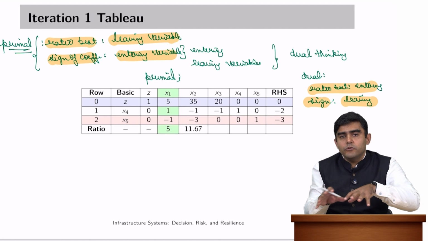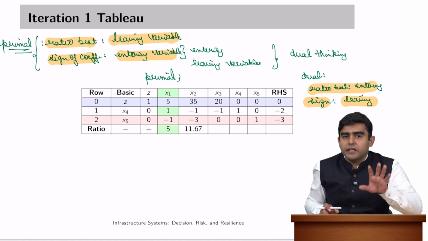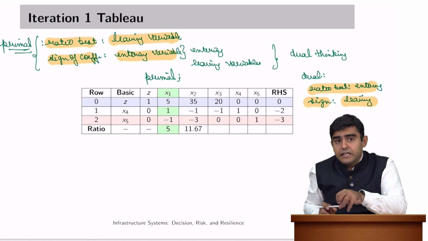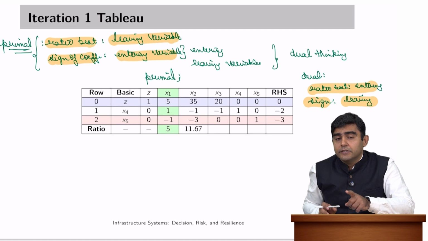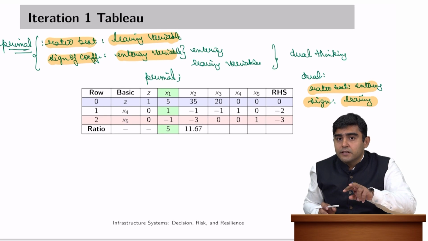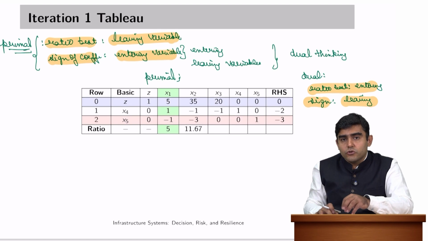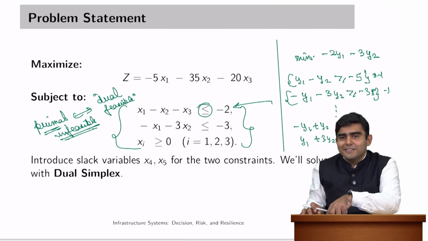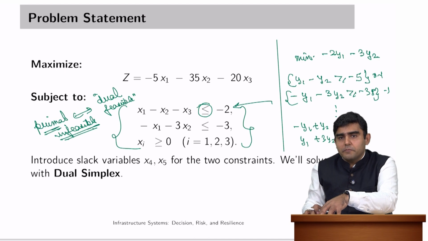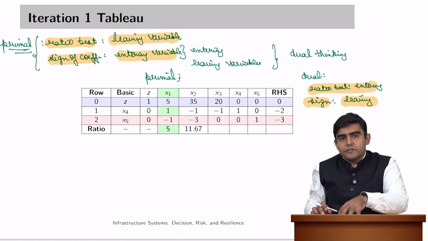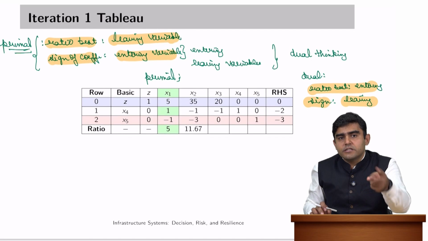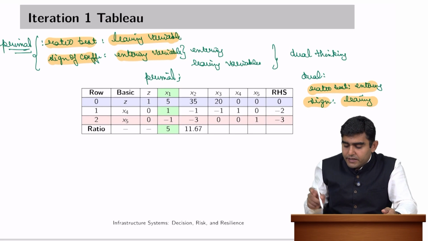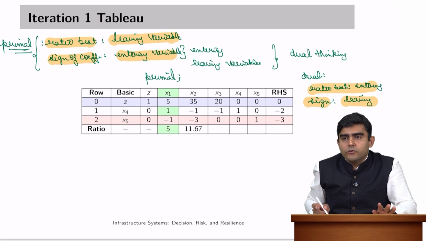Remember, here I am still dealing with the primal tableau. So, while I am changing the rules, I have to make sure I am not using the leaving and entering variable as per the dual tableau. So the tableau remains primal and the rule changes: ratio test to decide who is entering and sign test to decide who is leaving.